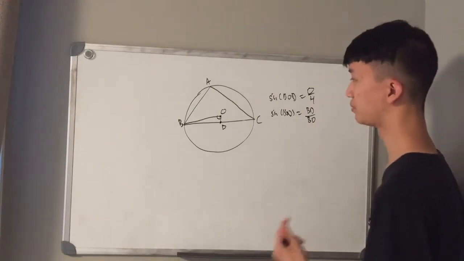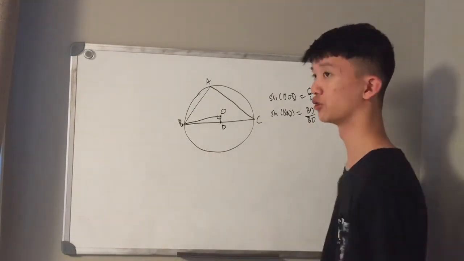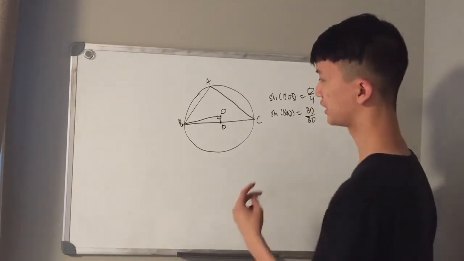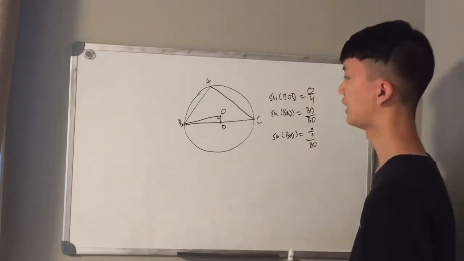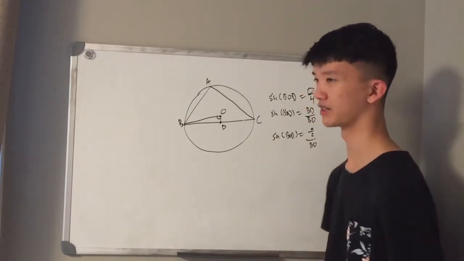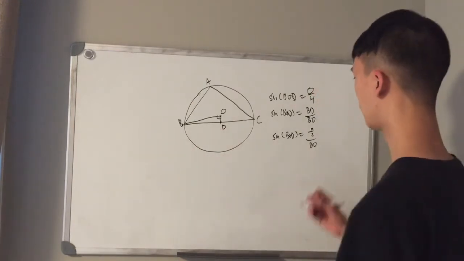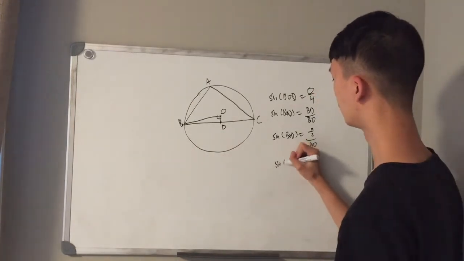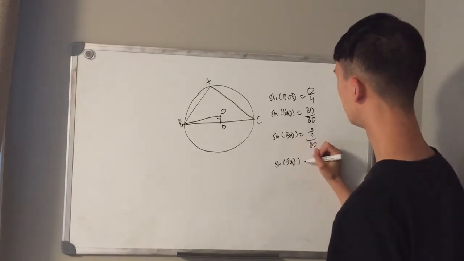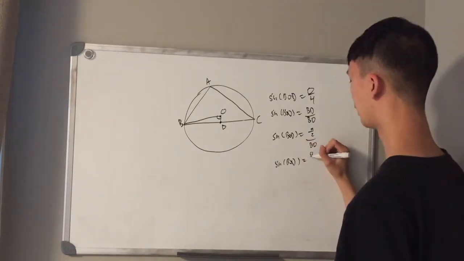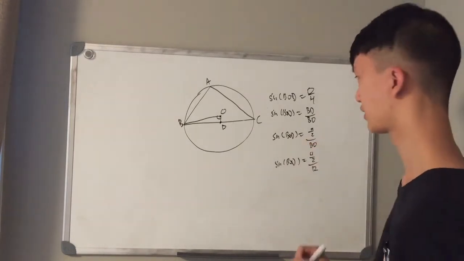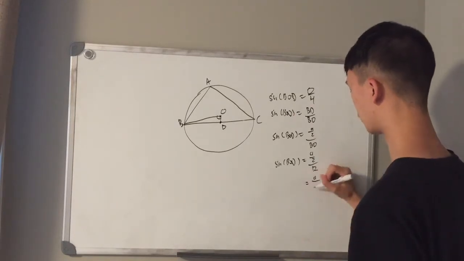But we know that BD is equal to a over 2, because as I mentioned earlier, D is the midpoint of BC. And now we also know that BO is a radius, because O is the center of the circle and B lies on the circle. And so we have the sine of BOD is equal to a over 2 over R. And this is also equal to a over 2R.